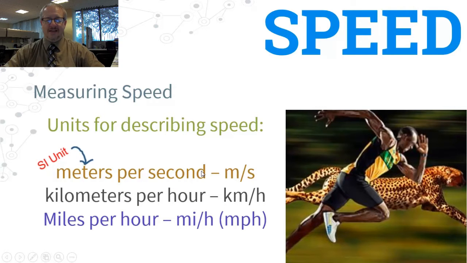Meters per second is the international standard unit of measurement for speed. We also have kilometers per hour. If you visit Niagara Falls and go to the Canadian side, you'll encounter kilometers per hour. Or if you go over to Europe, there you will also encounter kilometers per hour, because we're one of the few countries in the world that still hasn't switched over to using metric. We'll get there someday, hopefully.